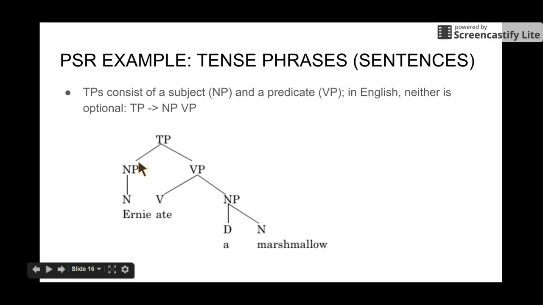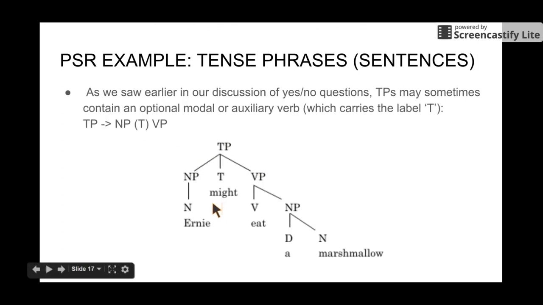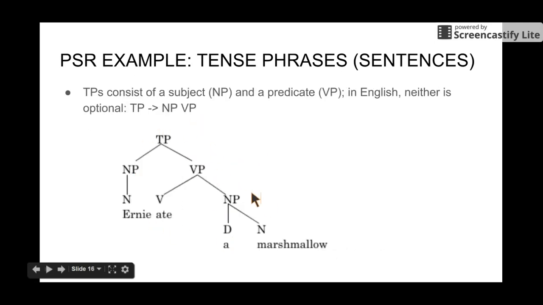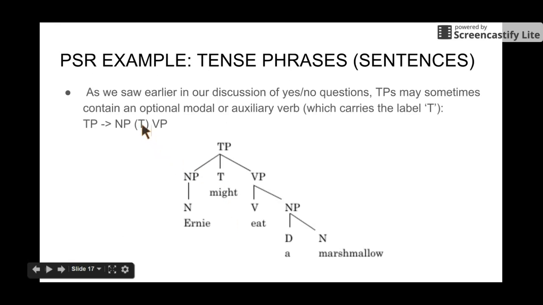Okay. And actually, this TP rule is kind of strange because normally the head is not optional, but here inside a TP we do not have a T head for this example, and sometimes we can have a T head inside TP as well. But as you can see in this example, the head of TP is optional in English.